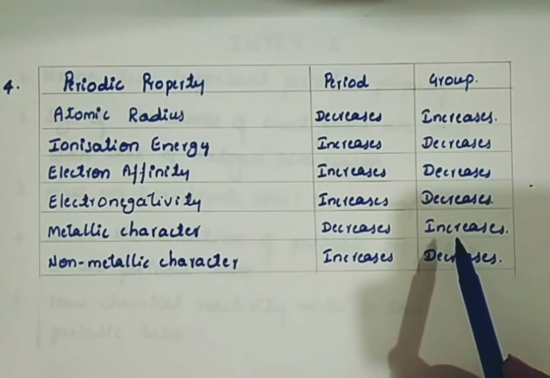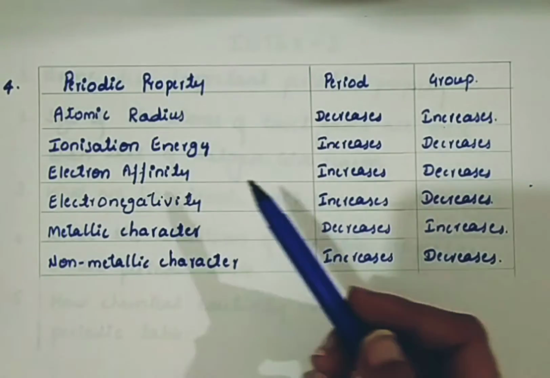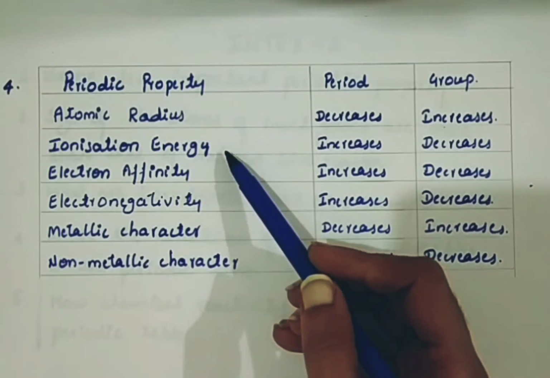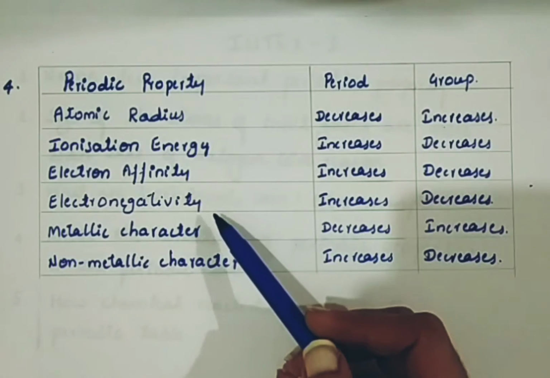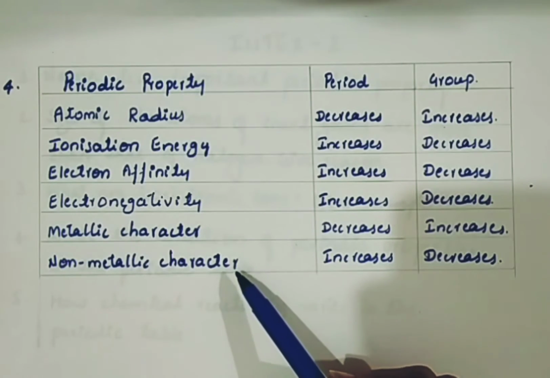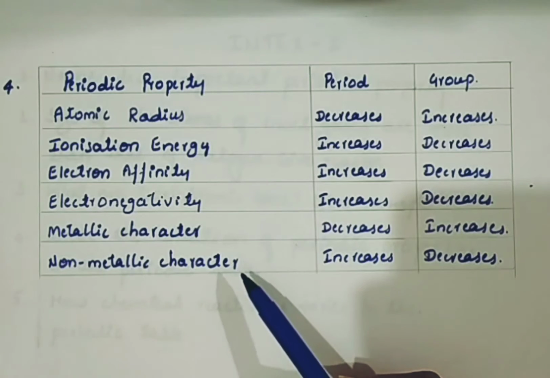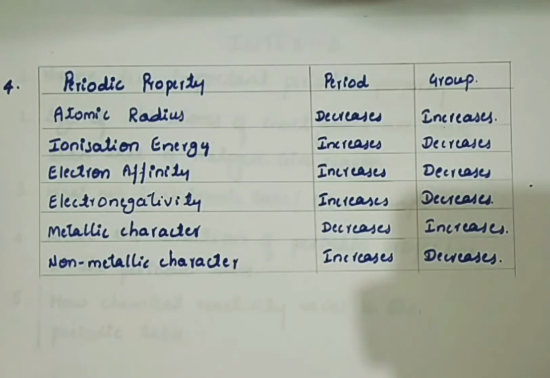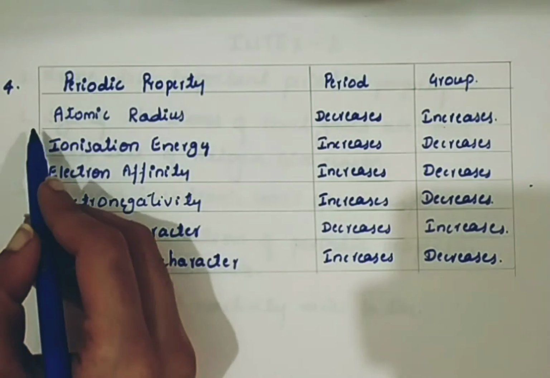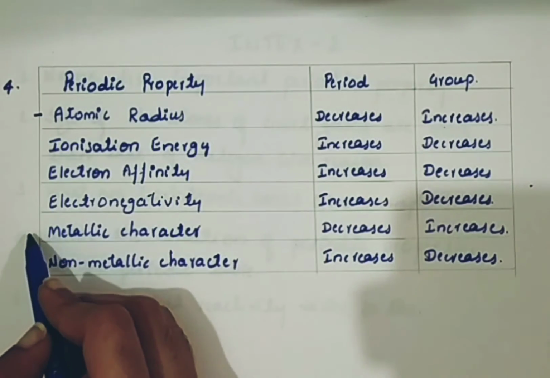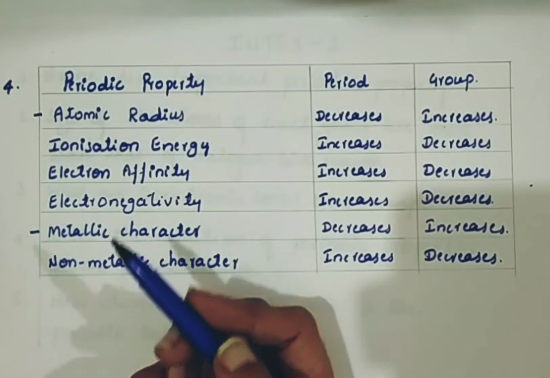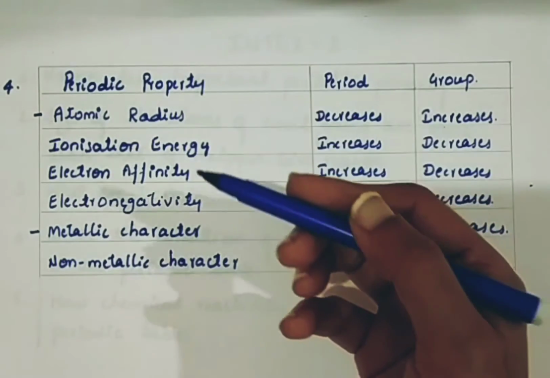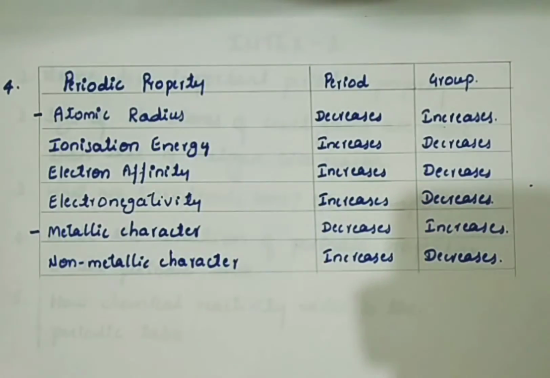So consider this table: atomic radius and metallic character have the same trend, decreasing across the period and increasing down the group. All other properties, ionization energy, electron affinity, electronegativity and non-metallic character, have the same trend. They increase across the period and decrease down the group.